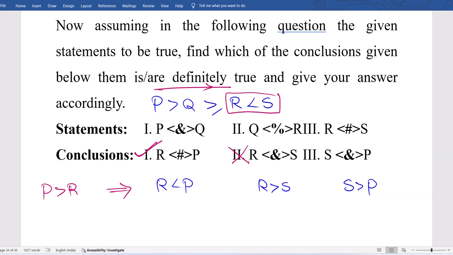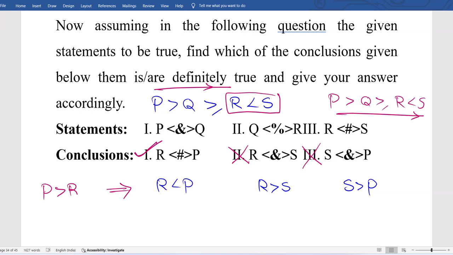What about the third one? Relation between which terms? S and P, or P and S. So from P to S, throughout the path, is there any common symbol? There is no common symbol in the entire path, so there is no conclusion. Okay, don't say P to R. P to R, P greater than R, okay.